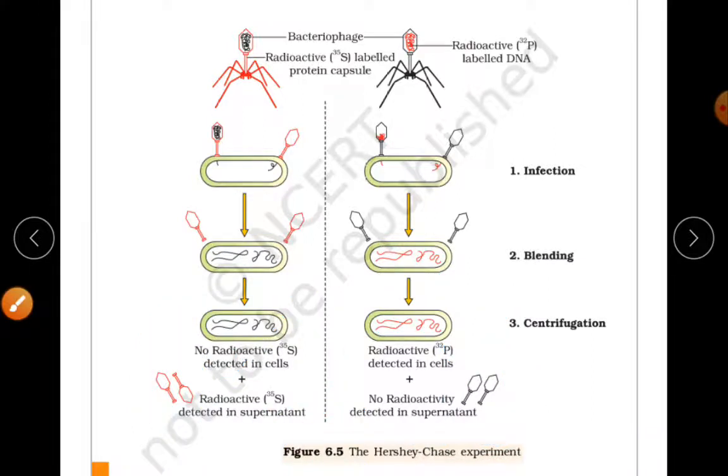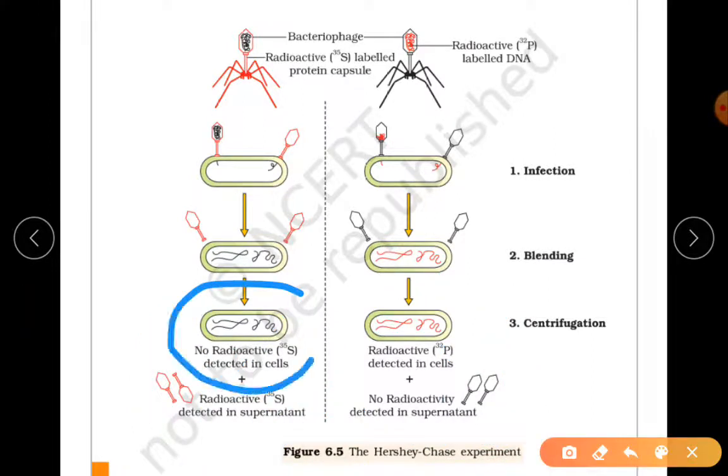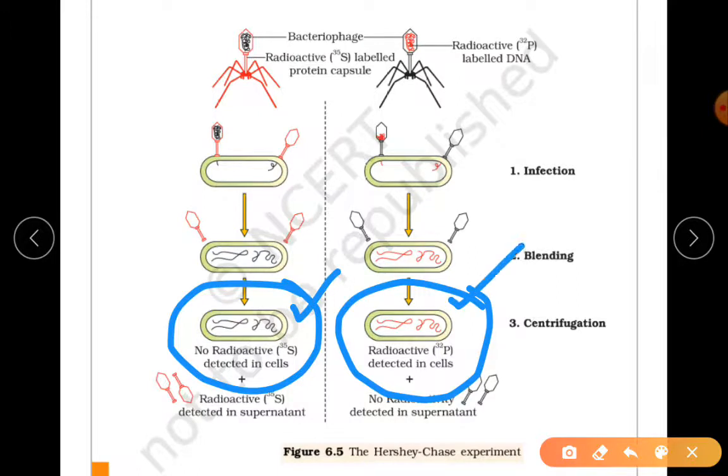Just observe what he's saying. When he examined it by autoradiography, we came to know that the cell does not have S35 in its progeny. Whereas in the second set, where we used the radioactive phosphate P32, it showed the radiation back, the fluorescence.